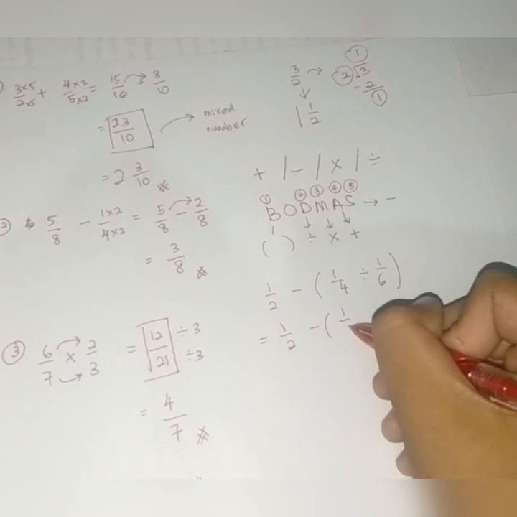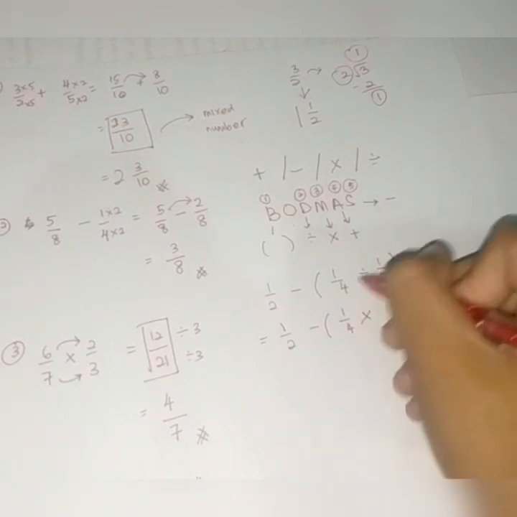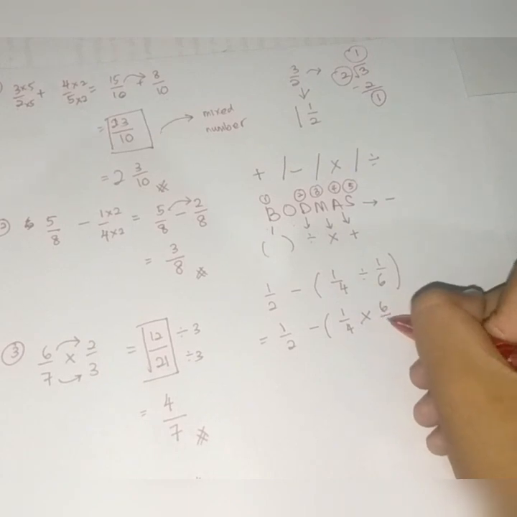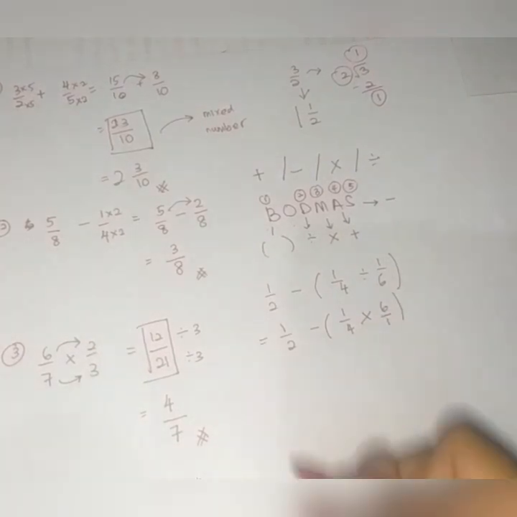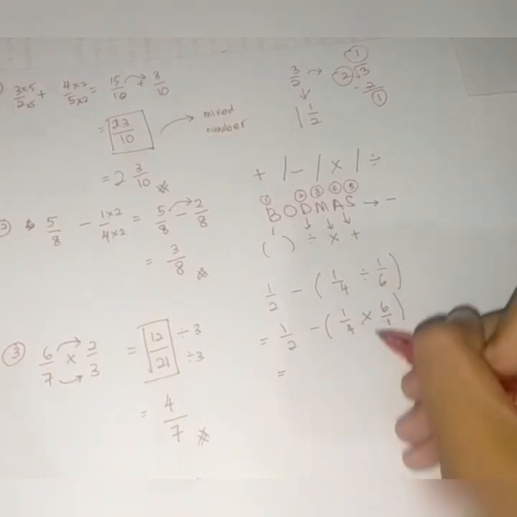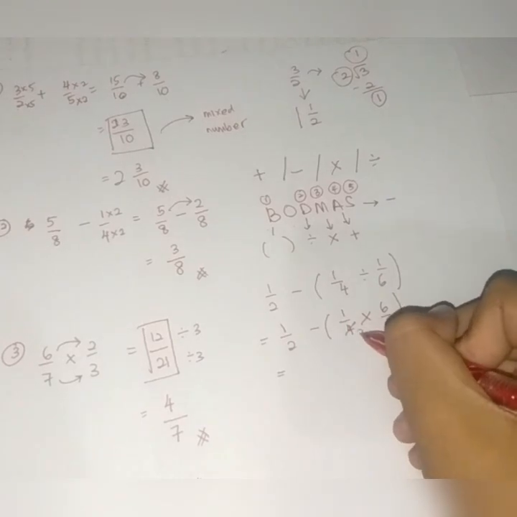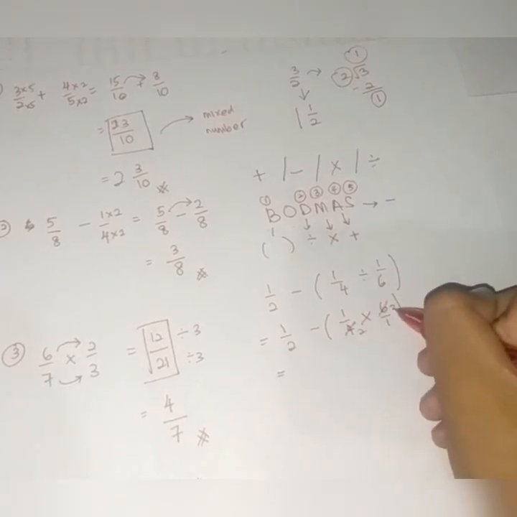First one is changed. 1 over 4 will be changed by times, and 1 over 6 will be changed into 6 over 1, and then times as usual. And then for this part in the bracket, we can simplify or cut. 4 becomes 2 and 6 cut becomes 3.